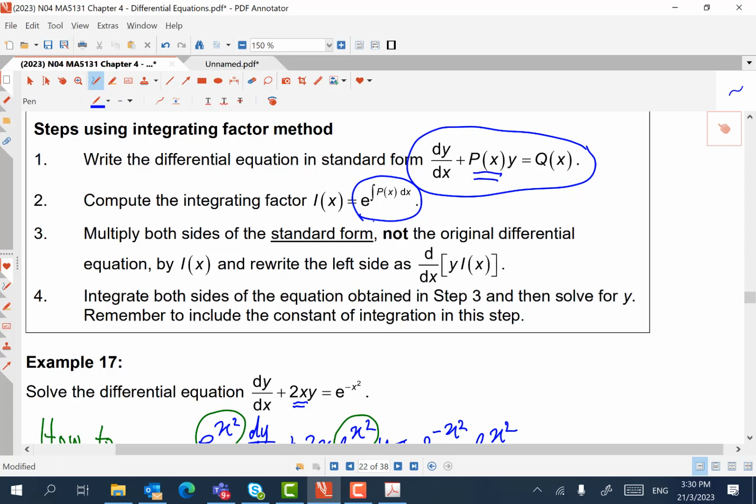So you must make sure that the dy/dx is a 1. It's so mechanical. It's always like that.